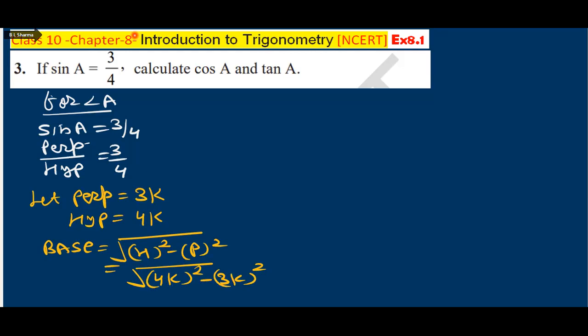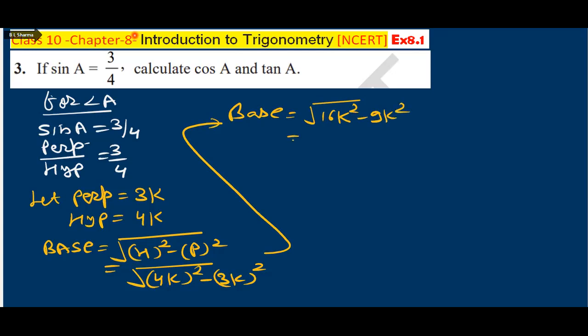That is, you can write base is equal to 16k square minus 9k square, that is 7k square, or we can say root 7 k. Thus, student, we have got the perpendicular for acute angle A, hypotenuse that is 4k for acute angle A, and root 7 k, that is base.